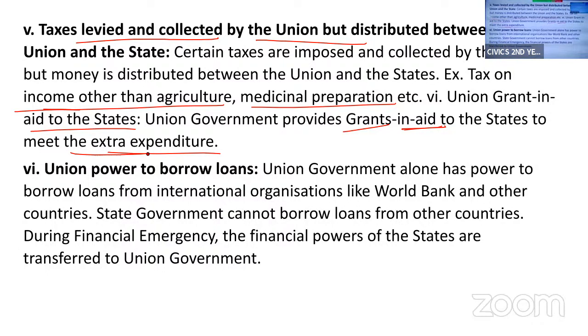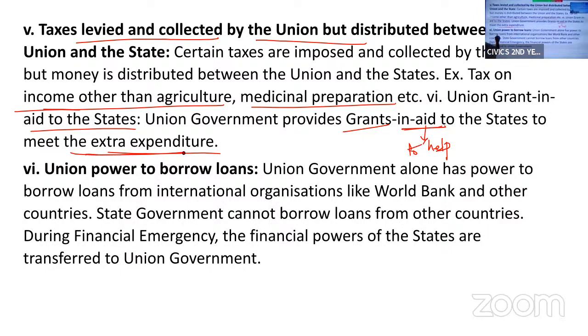That is called union grants in aid. Aid means to help the state government. The union government will grant some funds to meet the extra expenditure.